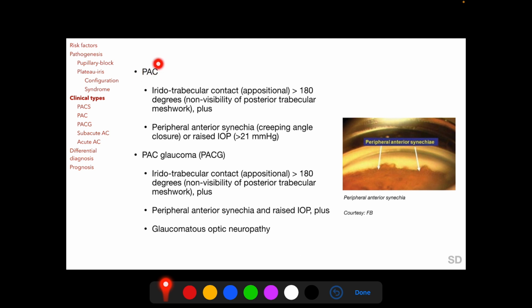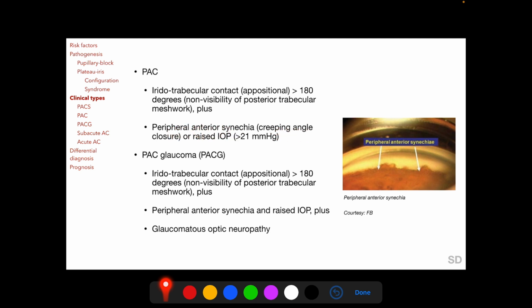Primary angle closure patients have, in addition to this appositional iridotrabecular contact for more than 180 degrees, peripheral anterior synechia or raised intraocular pressure.